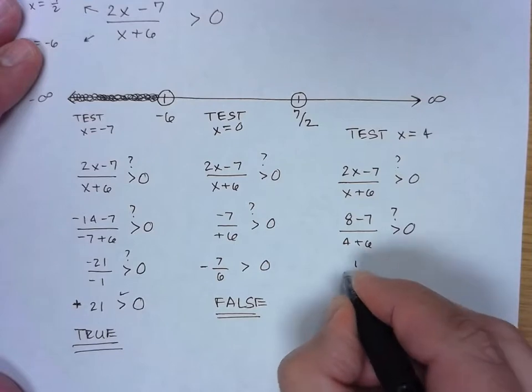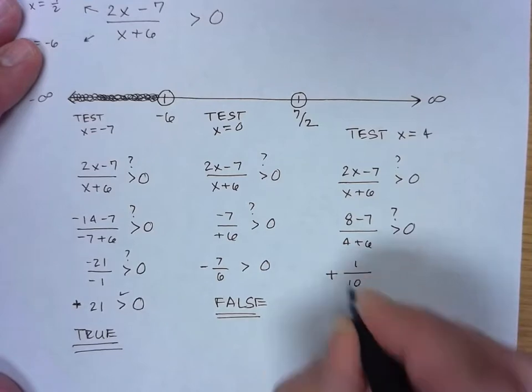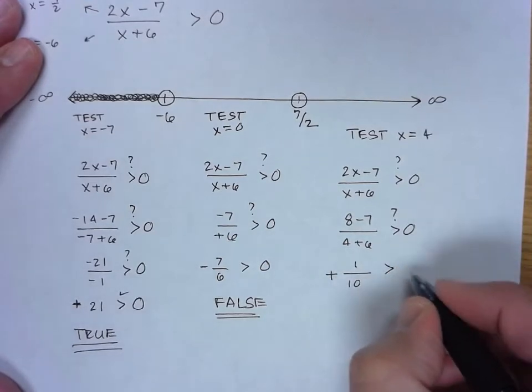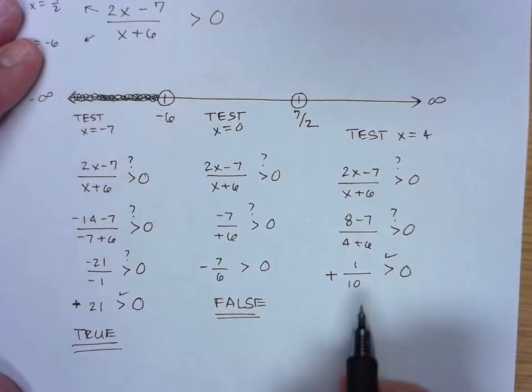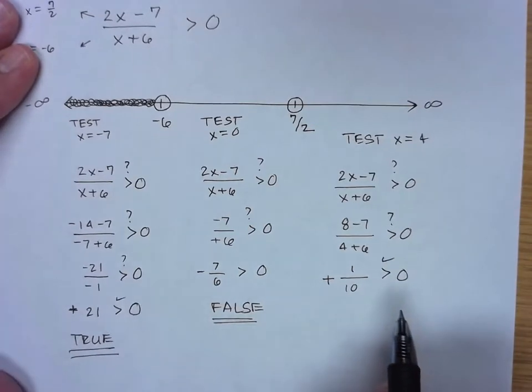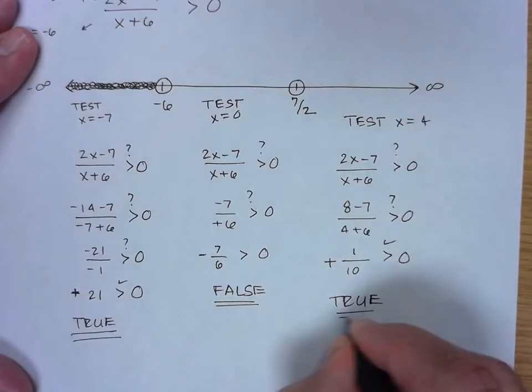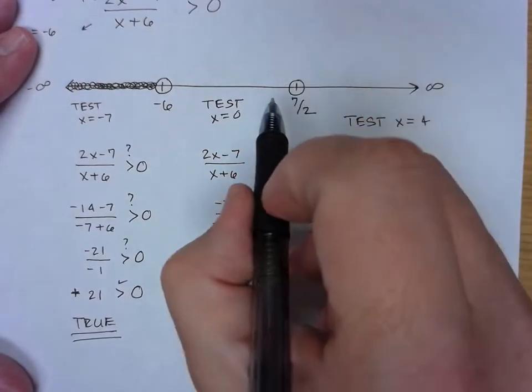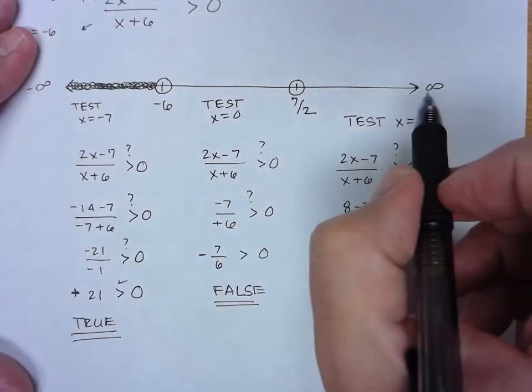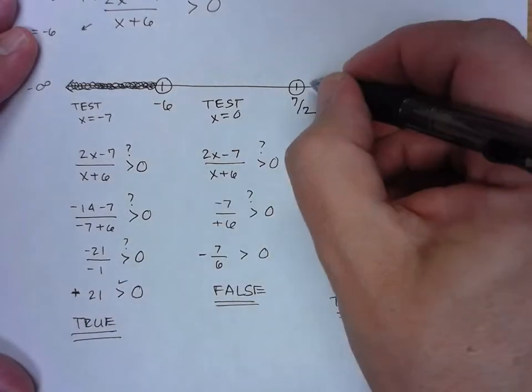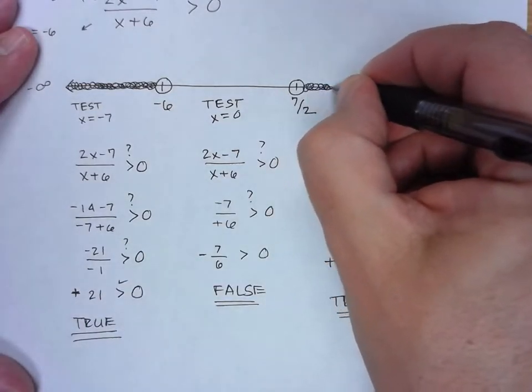So I'm dividing 1 by 10. That is a positive result. You're dividing positive by positive there, and that is greater than 0. So I get a true statement on this last interval. That's what I'm looking for. So every number in that interval from 7/2 to infinity is included with the solution set.